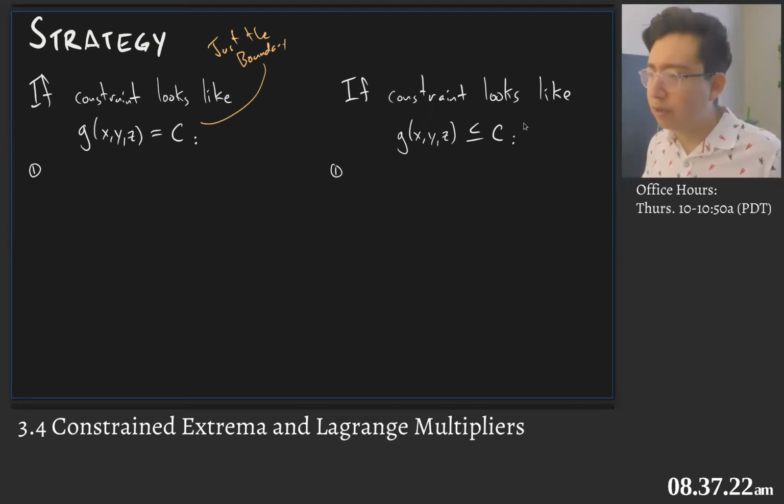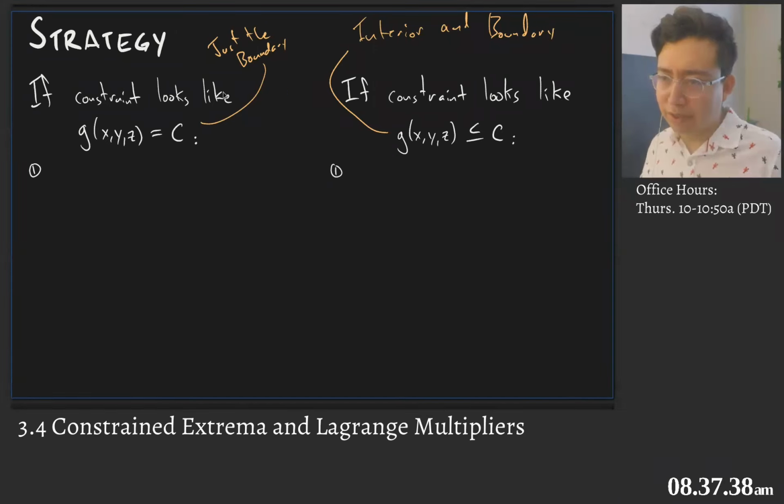And over here, this is interior plus boundary. So over here, maybe it would look something like that. Whereas over here, you can have the same shape, but it includes the stuff on the inside. Okay.